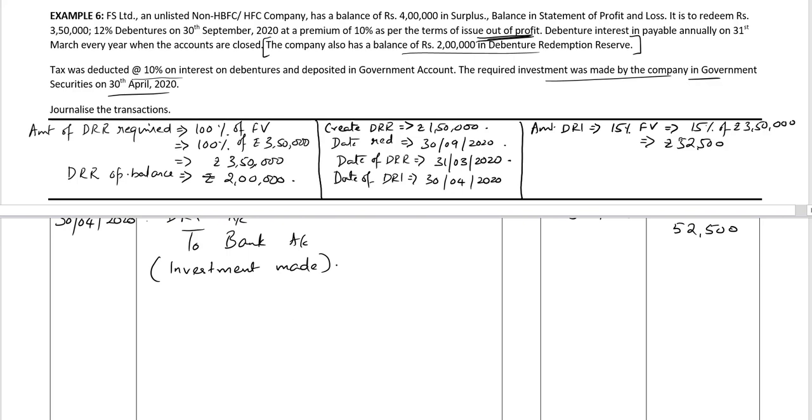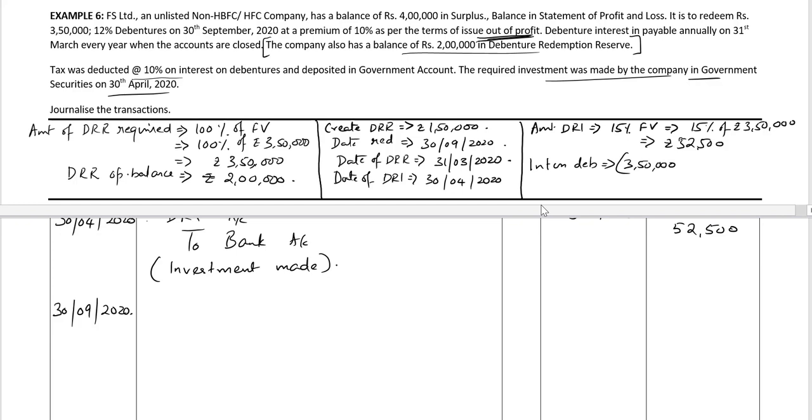We'll move on to the date of the redemption, which is 30 September 2020. Now, before we redeem the debentures, we need to pay the debenture holders the interest amount on the debentures. So let's calculate the interest on the debentures. The total face value of the debentures is rupees 3,50,000.